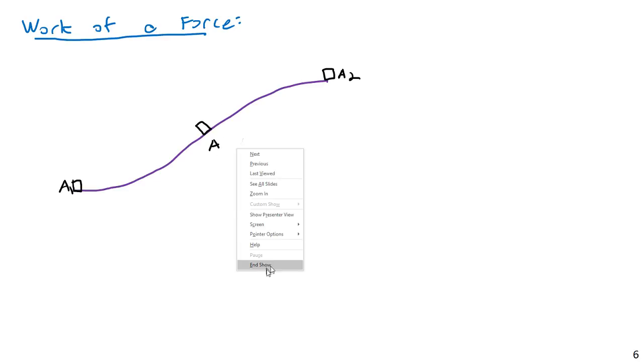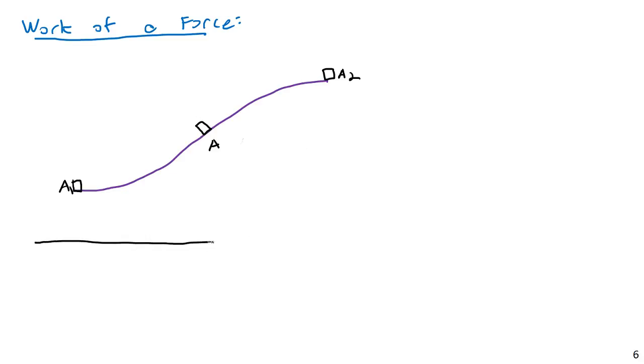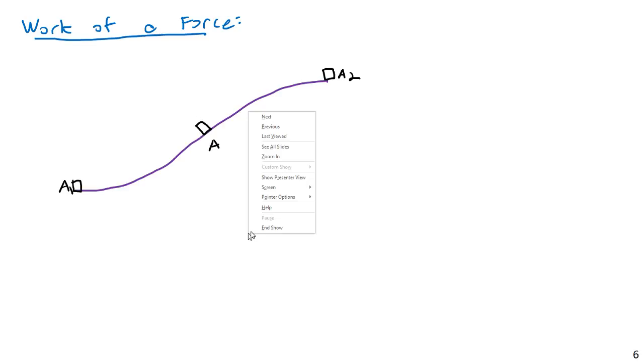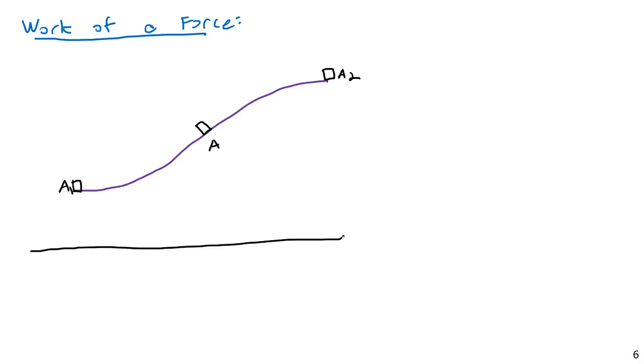And then let's say I have level ground, or my datum line. This is a term you hear a lot in energy balance problems, datum. If you hear the word datum, what that means is datum refers to the zero point. Just like when we get to gravitational potential energy, we'll see that gravitational potential energy must always be defined relative to a zero line.